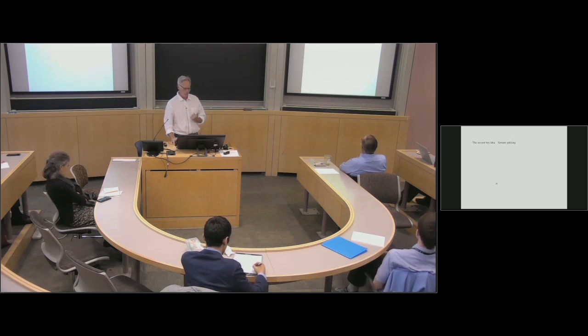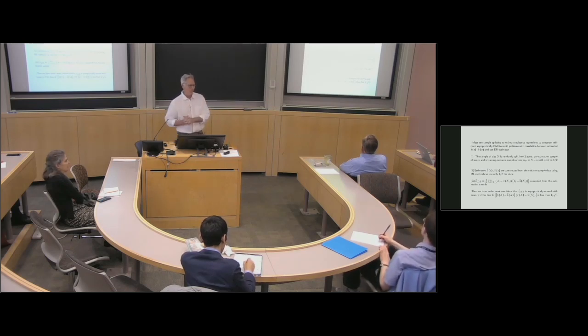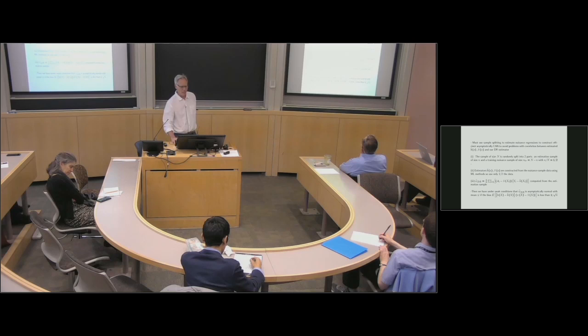Well, the first key idea to being able to do that is sample splitting. We're going to have to use sample splitting to estimate these nuisance regressions. Every time I say regression, it's either the propensity score or the outcome regression, to construct efficient, asymptotically consistent, asymptotically normal estimators, that is, things you can form Wald confidence intervals with.